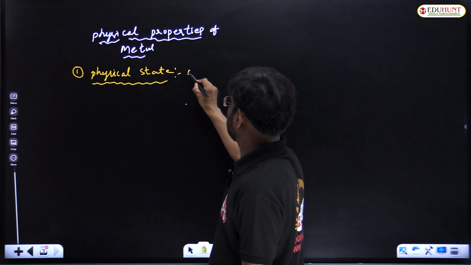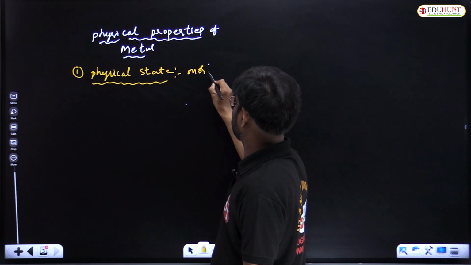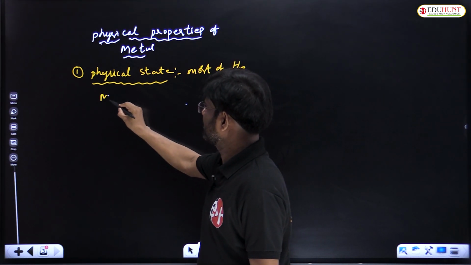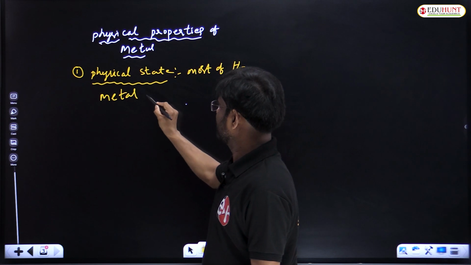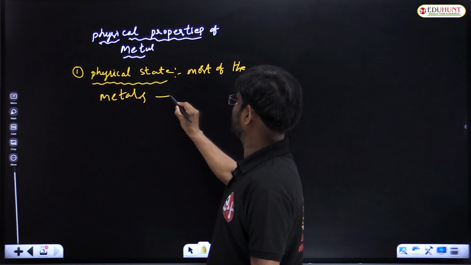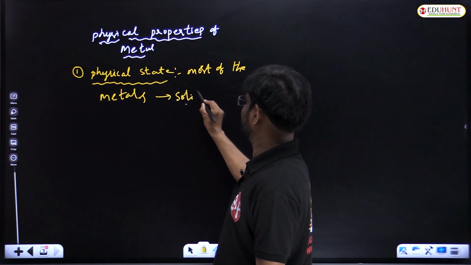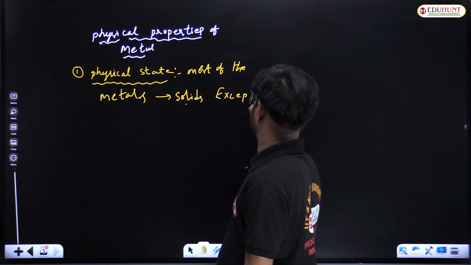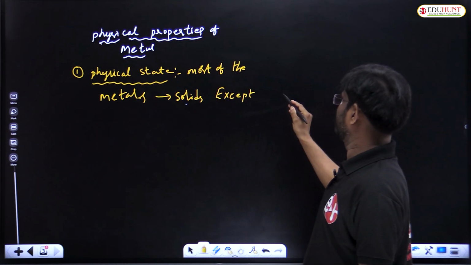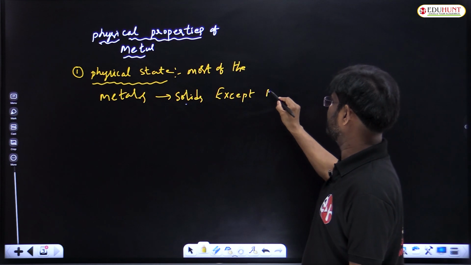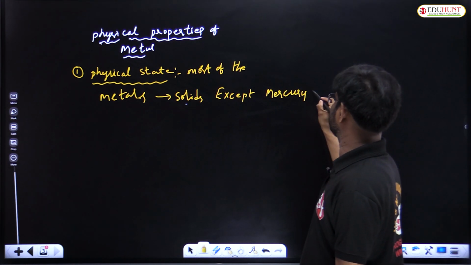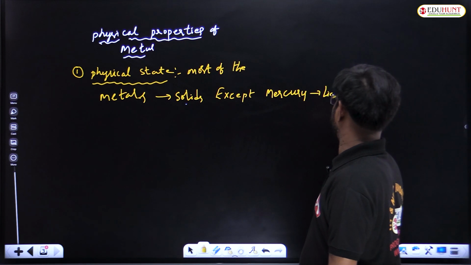Most of the metals are solids except mercury. Mercury is a liquid metal.